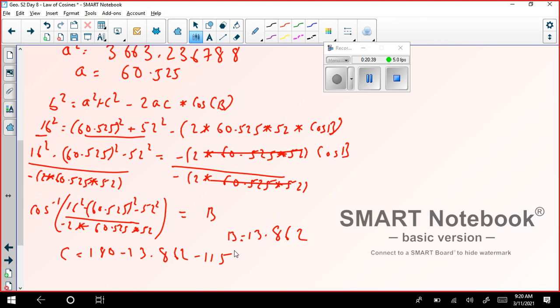So you will have 180 minus 13.862 minus 115, and the calculator will give us 51.138.